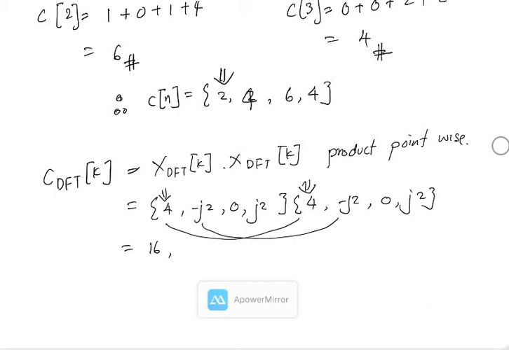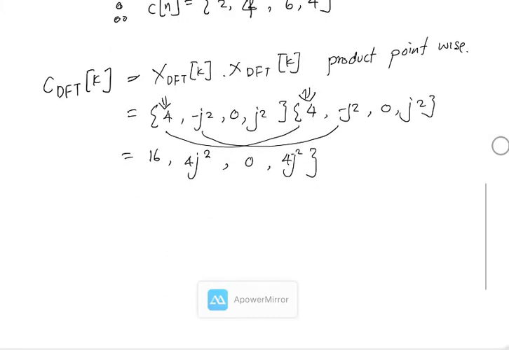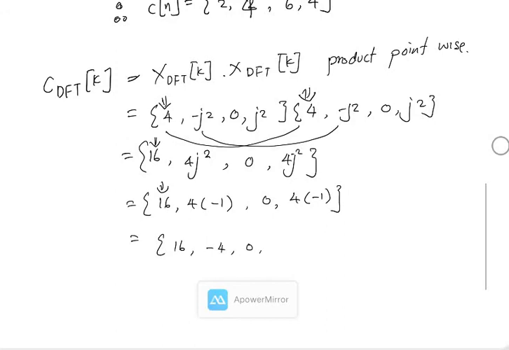This one times this one you get 4j squared. 0 times 0 you get 0, and then 2j times 2j you get 4j squared. So this is equivalent to 16, 4 minus 1, 0, 4 minus 1. So this equals 16, negative 4, 0, and negative 4. So this is about the periodic convolution.